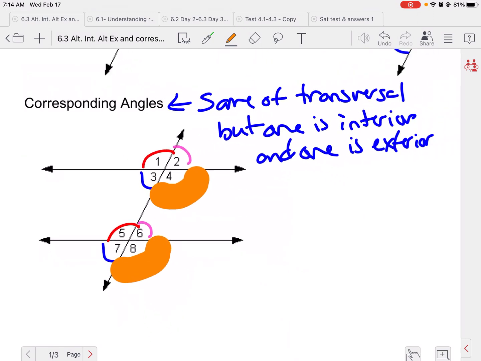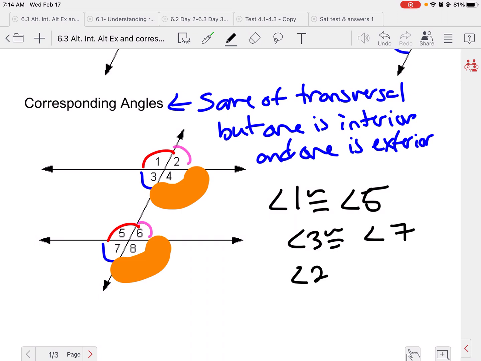And again, we can write this saying angle 1 is congruent to angle 5, angle 3 is congruent to angle 7, angle 2 is congruent to angle 6, and angle 8 is congruent to angle 4. So if we know angle 4 is 50 degrees, then we know angle 8 is also 50 degrees.